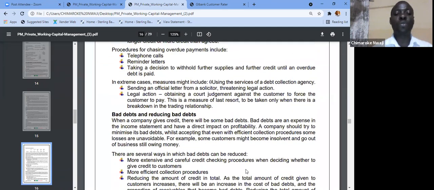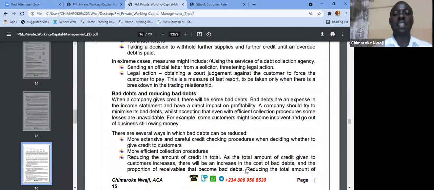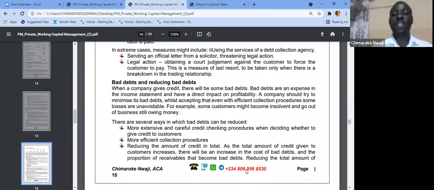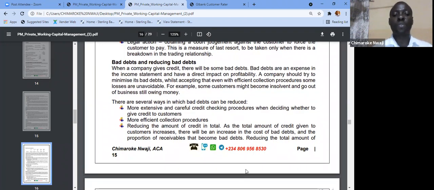Then you need to reduce your bad debts. There are several ways in which you could reduce your bad debt. More extensive and careful credit checking procedures should be employed when deciding whether to give customers credit or not, because when you give credit, you are incurring bad debt.